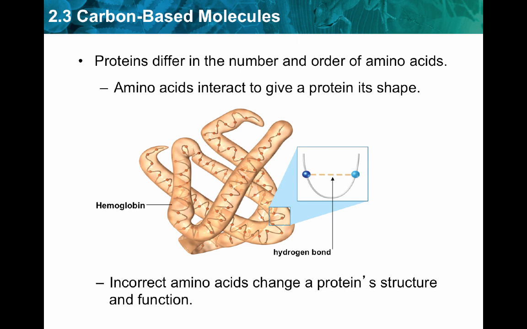If you inherit a mutation in the gene for your hemoglobin that causes sickle cell anemia, that mutation is a single amino acid that's wrong. All those other 300 amino acids are right, but one is incorrect. That one incorrect amino acid causes hemoglobin to be misshapen, which causes the red blood cell to be misshapen and leads to the myriad of symptoms that sickle cell anemia causes for people.